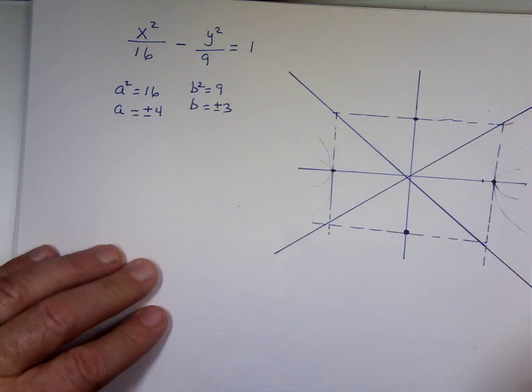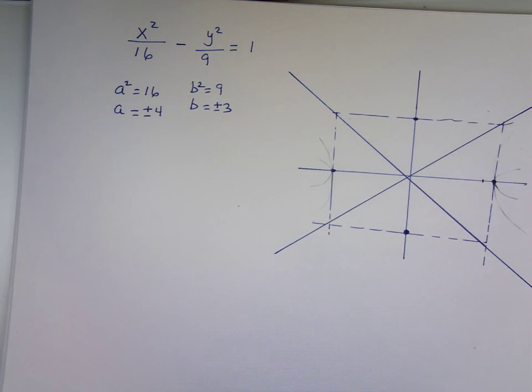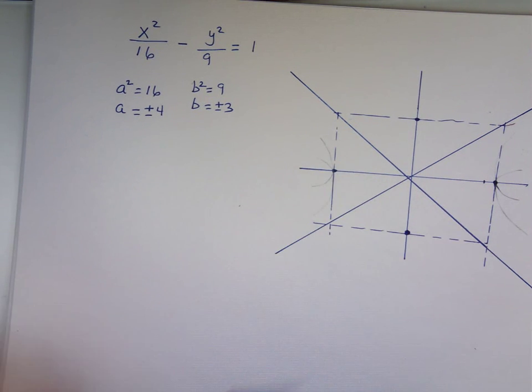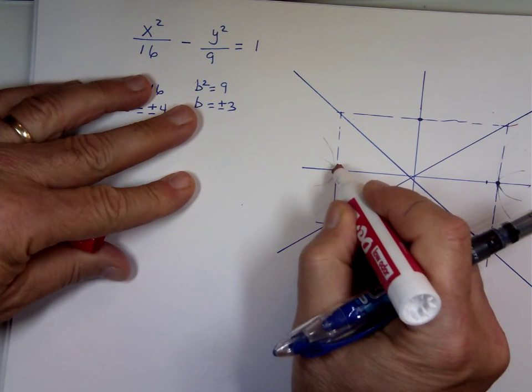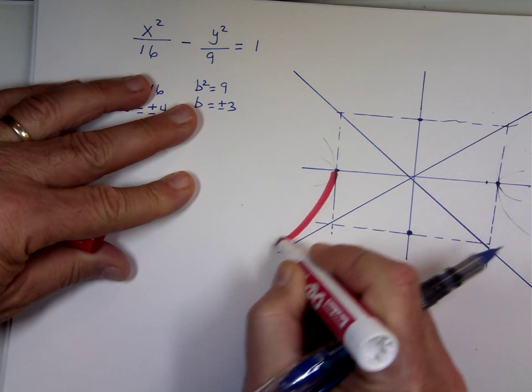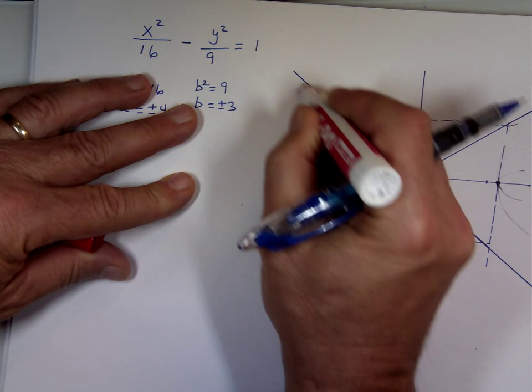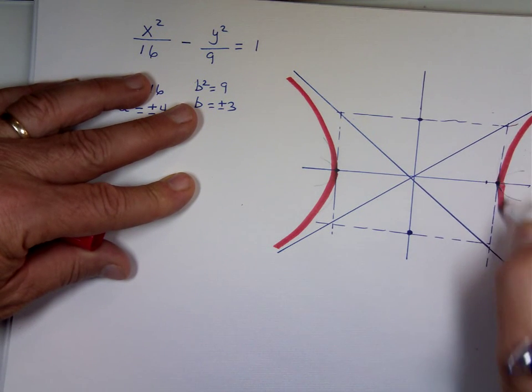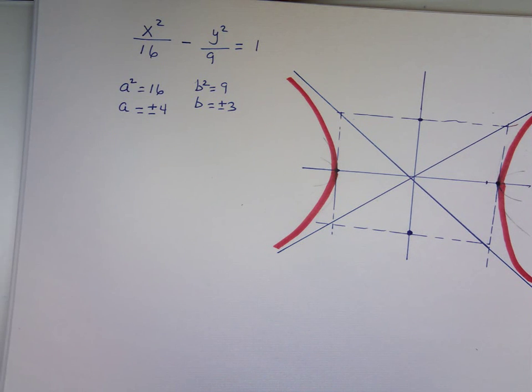Let me take a thick marker if I have one here. Okay. You're going to go through this point, and it's going to approach this one. That's my graph.